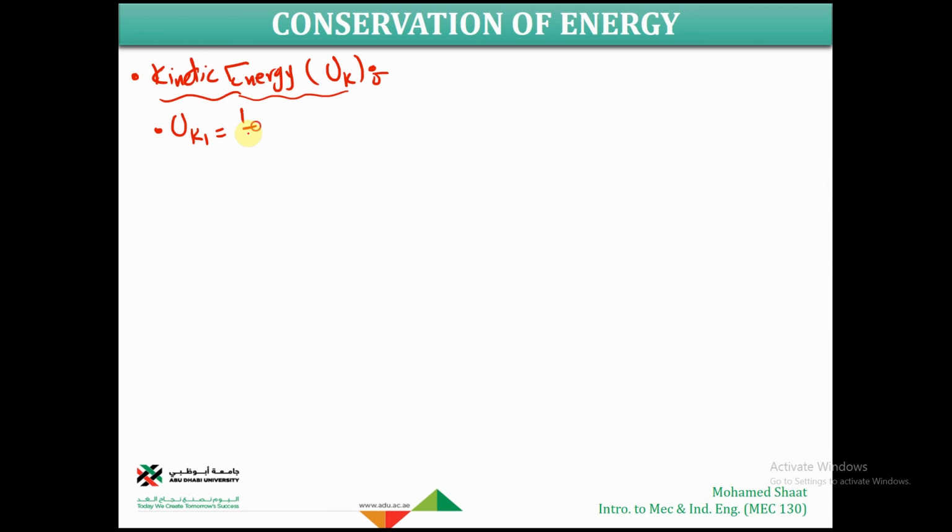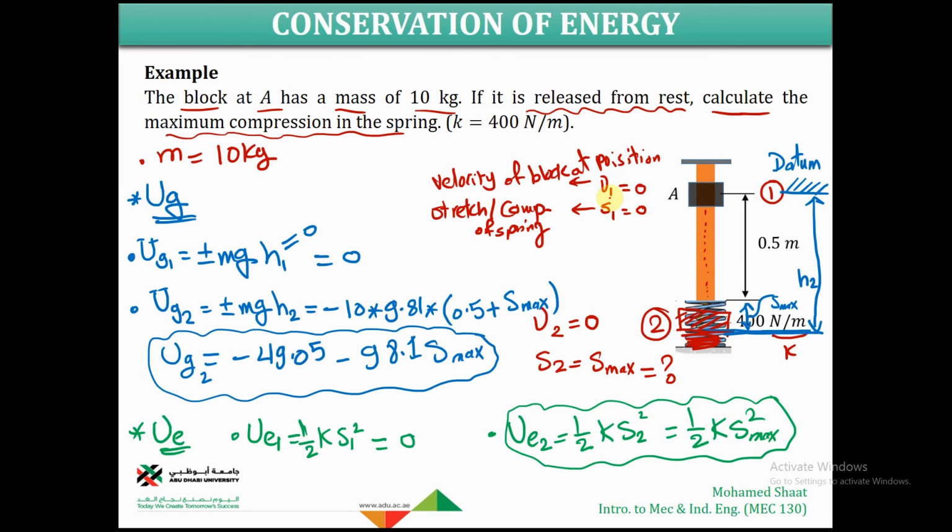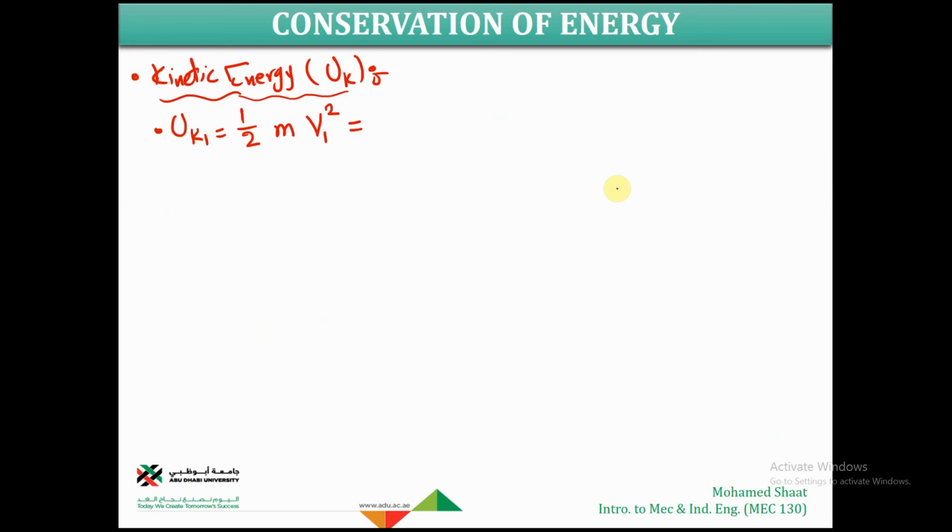So this is going to give us half the mass, but the only thing that is going to change between position 1 and position 2 is the velocity or the speed of the object. At position 1, the speed could be different than position 2, or it could be the same. So at position 1, what would be the value for the speed or the velocity of the object? It was 0. This indicates that the kinetic energy will be 0. And then you're going to calculate the kinetic energy of the object at position 2, which should be half the mass times the speed of the object at position 2 squared.